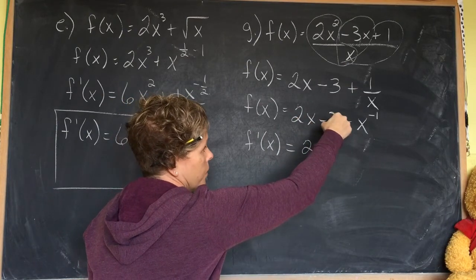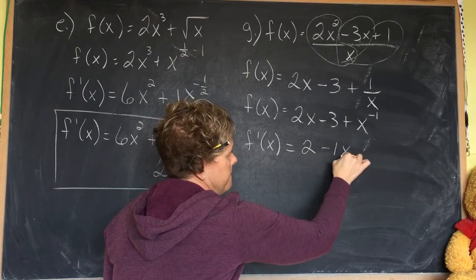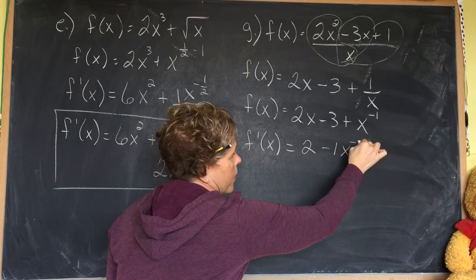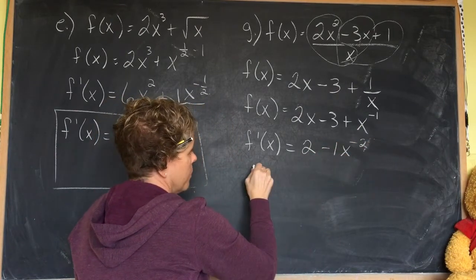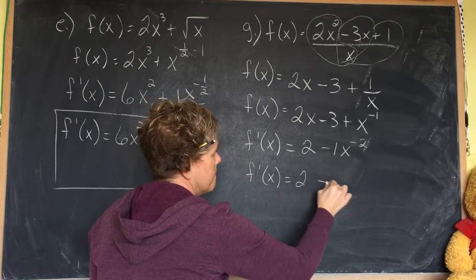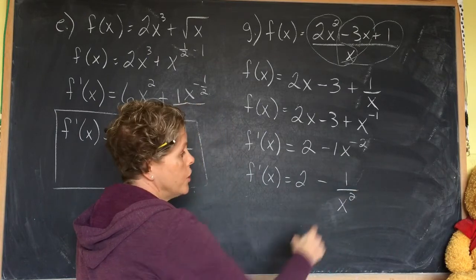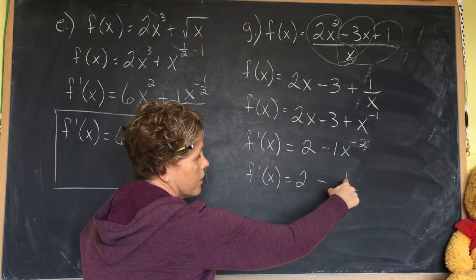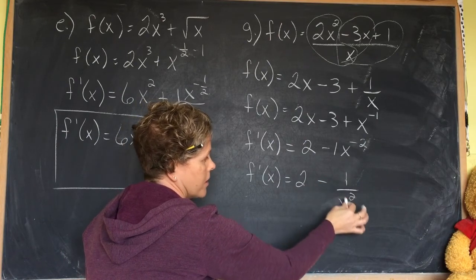Minus 3 goes away. Bring the negative 1 out front and lower your exponent by 1. And now I can't have a negative exponent. So I'm going to rewrite this to be 2 minus 1 over x squared. Notice that the x squared just went under the 1 and not under the entire thing. It's only this term that the x squared is under.